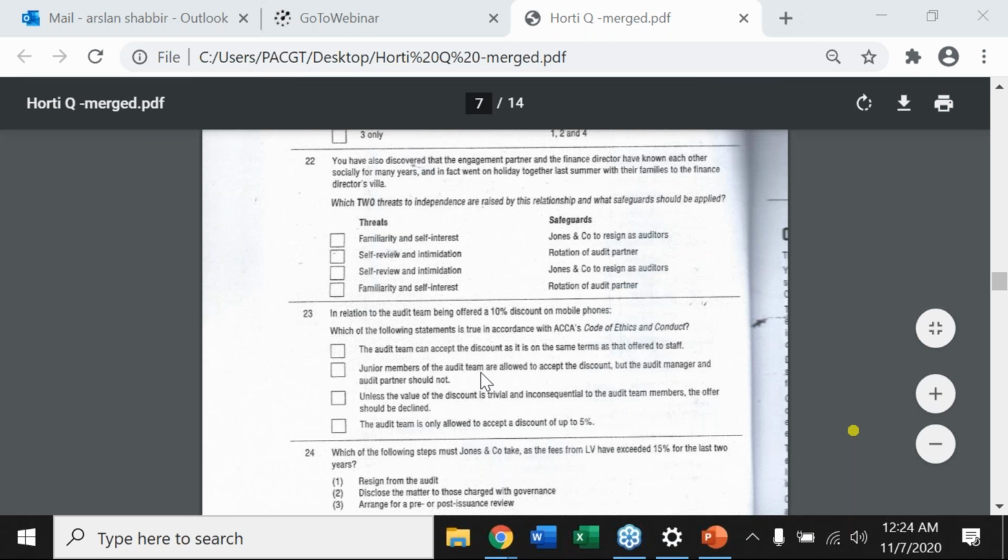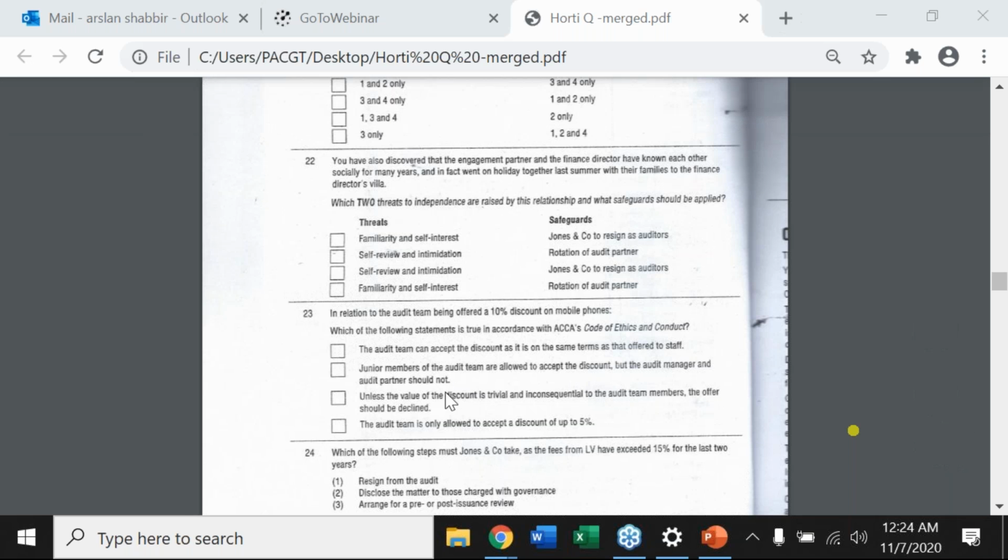Junior members of the team are allowed to accept the discount, but the audit manager and the audit partner should not. Unless the value of the discount is trivial and inconsequential.